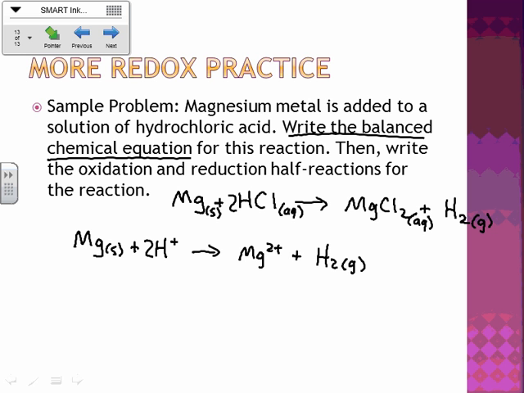Now, the nice thing about the net ionic equation is it's much easier to see the oxidation-reduction half reactions occurring there. Okay? The magnesium starts out with a 0 oxidation state, it goes to a 2+. The hydrogen starts out with a 1+ and it goes to a 0. Does everybody see that? Okay? So, if I'm going to write my oxidation half reaction, what's that going to be?